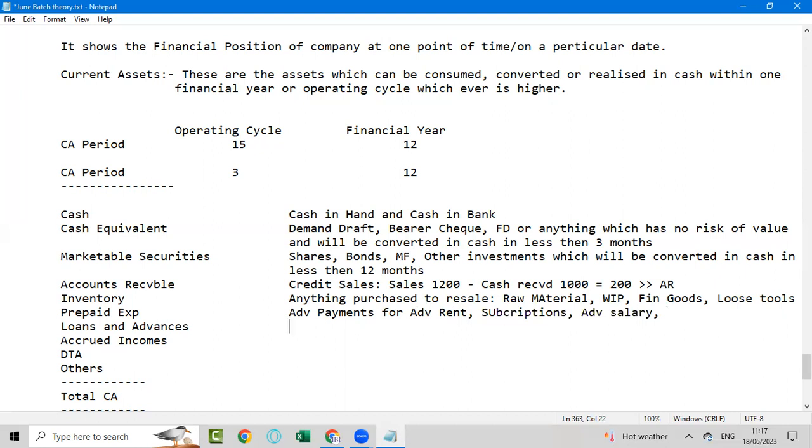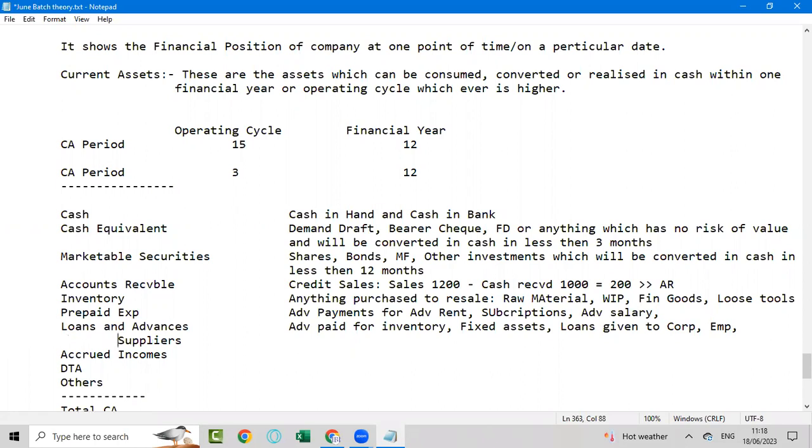Next is loans and advances. So advances paid for inventory: you want to purchase some inventory and you have paid something in advance, so that will be reported here. Advance payment for some fixed assets: you have ordered some machines. Loans given to corporates, employees, suppliers.